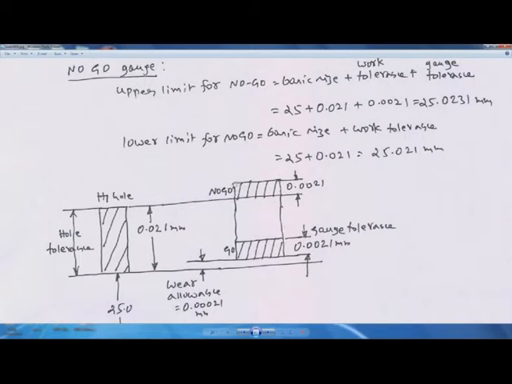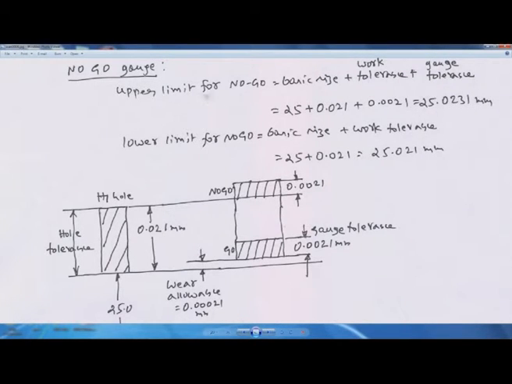That means, in order to get this, we have to add basic size plus work tolerance plus gauge tolerance. So, this will give us the upper limit for the no go gauge, that is basic size plus work tolerance plus gauge tolerance. So 25 plus 0.021 plus 0.0021 is equal to 25.0231 millimeter.